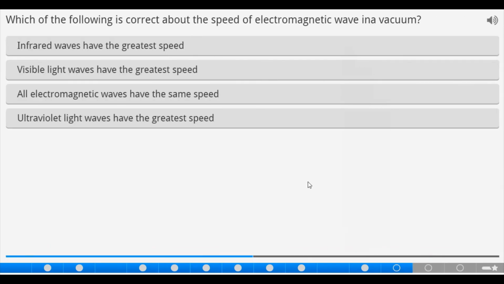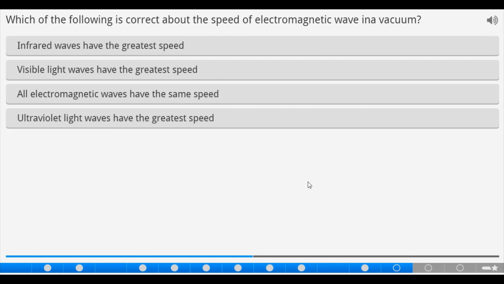Now, which of the following is correct about the speed of electromagnetic waves in a vacuum? Don't forget that in a vacuum, all electromagnetic waves have the same speed, but different frequencies and wavelengths. So let's see the options that we have. Infrared waves have the greatest speed.